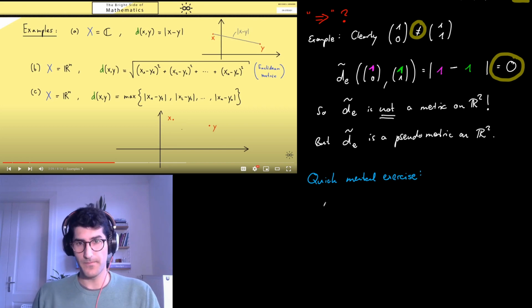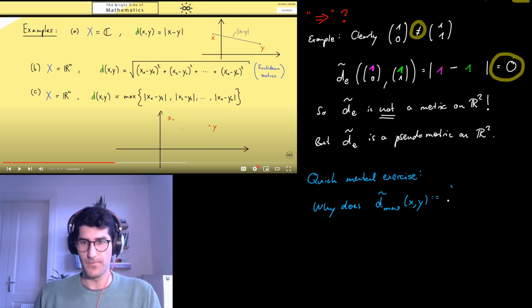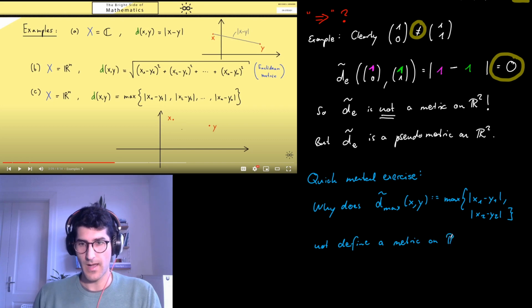Why does d max tilde of x and y, which is defined as the maximum of the difference of the first components and the second components, not define a metric on R3?